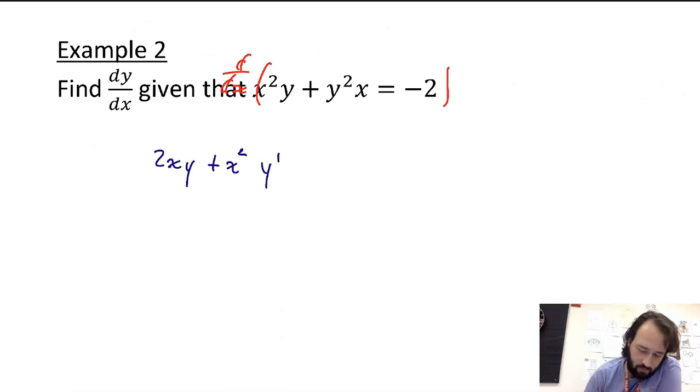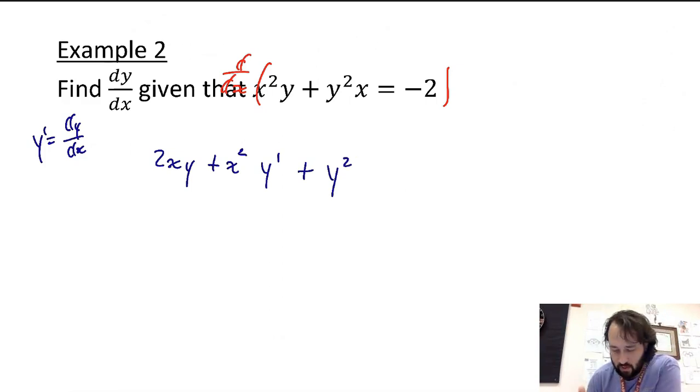Remember, y prime is the derivative of y with respect to x. It just is less writing. So x squared y prime plus y squared times the derivative of x, just 1, and then plus the derivative of y squared, so 2y y prime x equals 0.